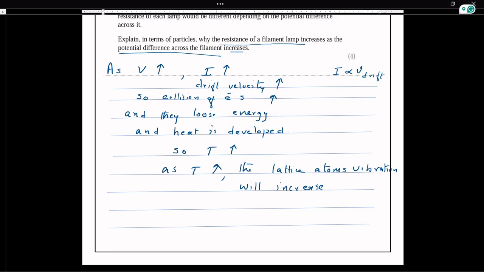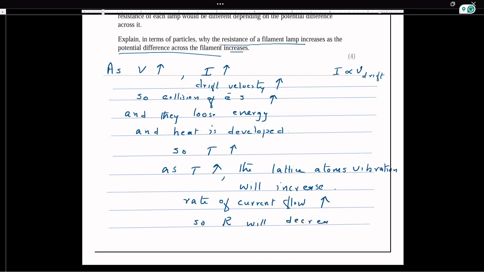So we can say the rate of current flow decreases, so R will decrease.